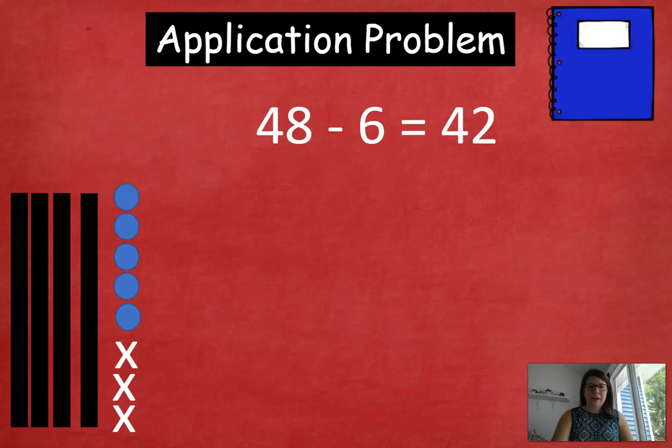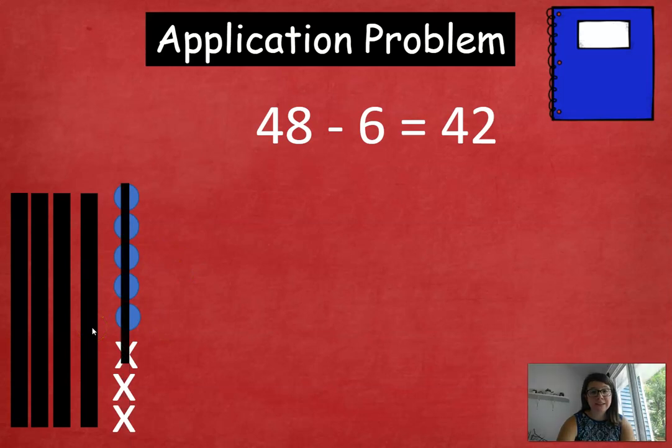Okay, ready? So on this slide we have both the picture and we're going to decompose. So our picture here, we started with 48. Now we're going to take away 6. Sound good? Now there's 2 left, so we can count by tens. 10, 20, 30, 40, 41, 42. 42.